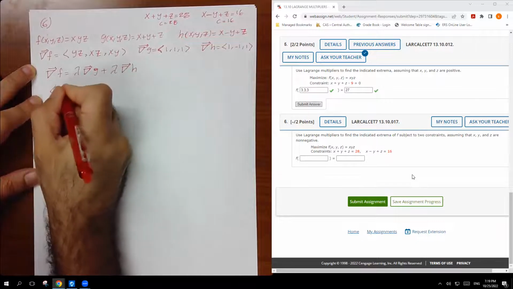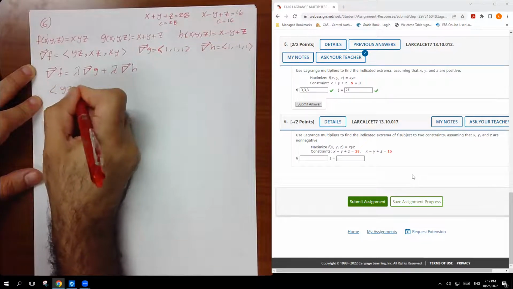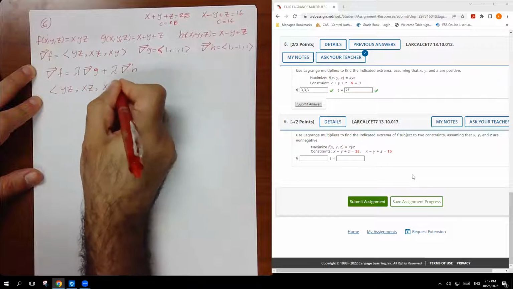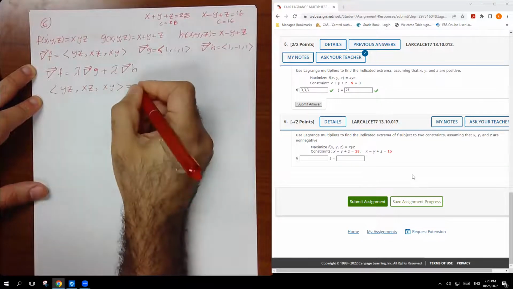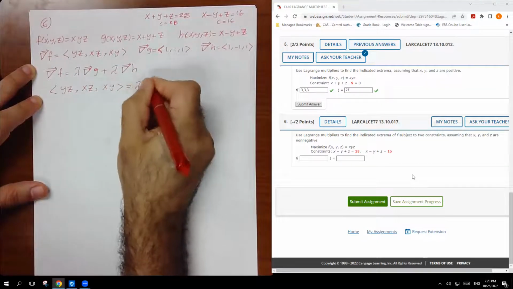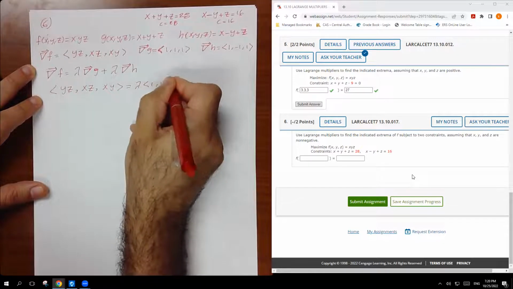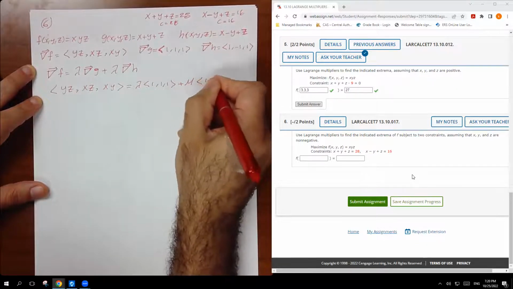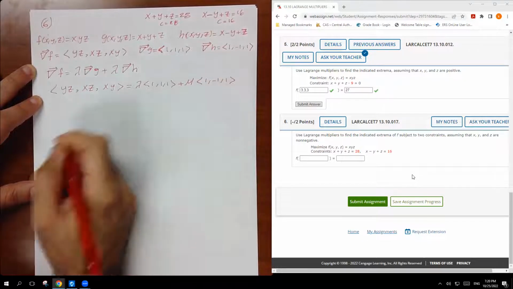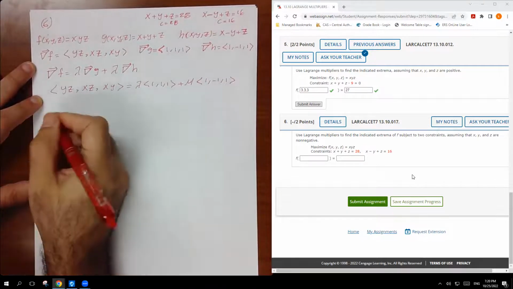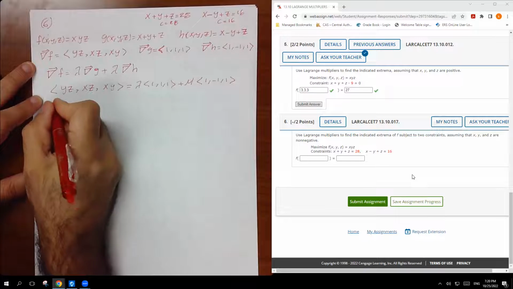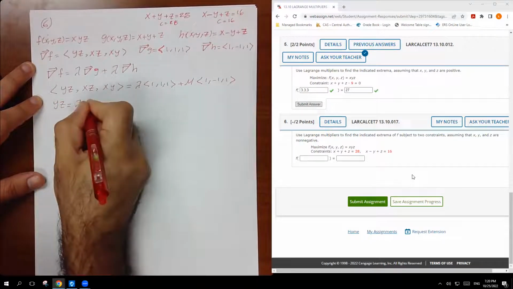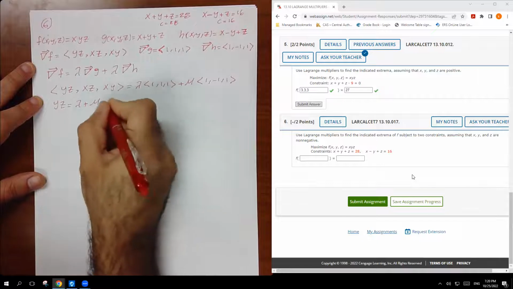That means yz, xz, xy is going to be equal to lambda times 1, 1, 1 plus mu times 1, -1, 1. So let's write down the equations. That means yz is going to be equal to lambda plus mu. This is the first one.